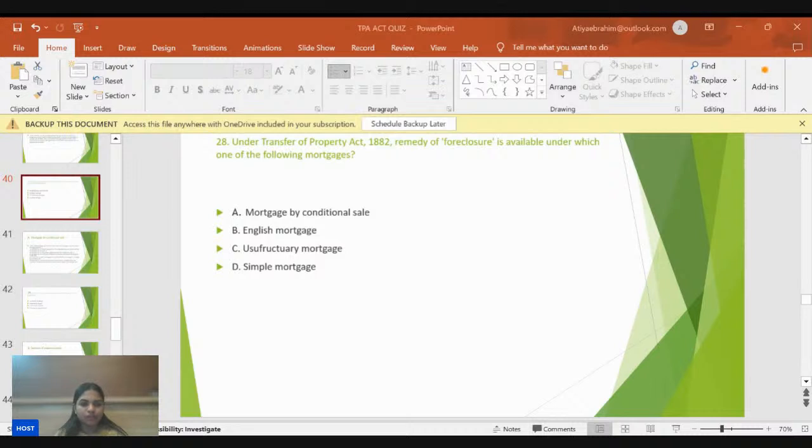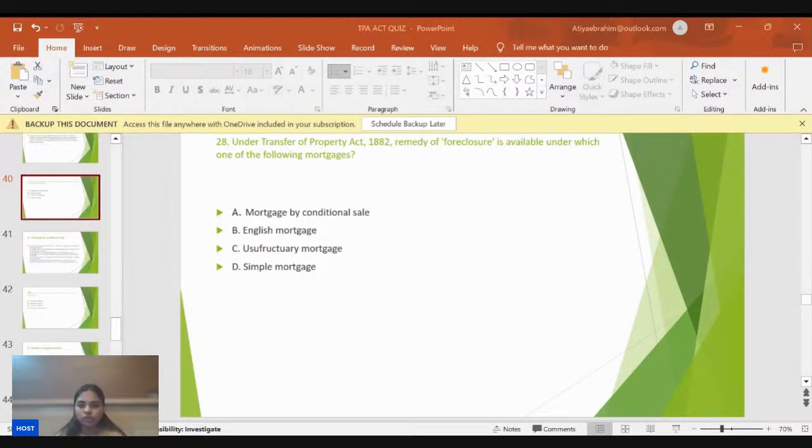Right. So, see, foreclosure is a remedy which is only available in mortgage by conditional sale. And sometimes, according to the terms of the contract, if an anomalous mortgage also allows it, then in an anomalous mortgage also you get it.